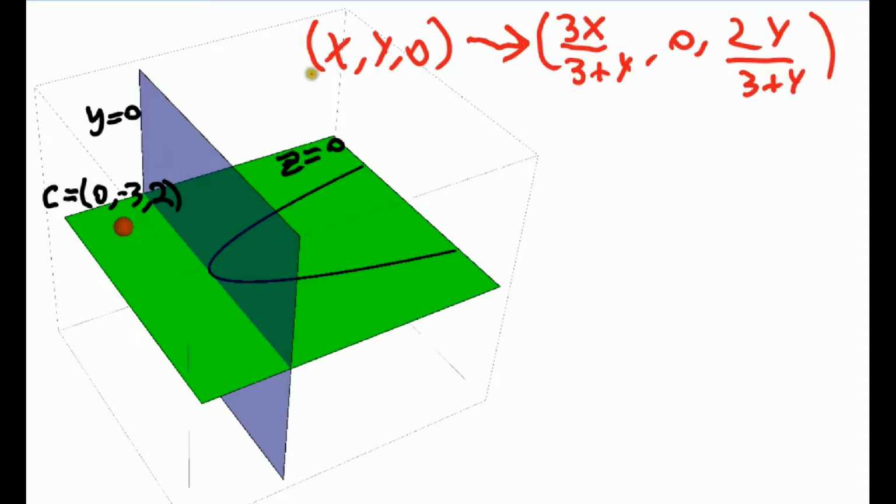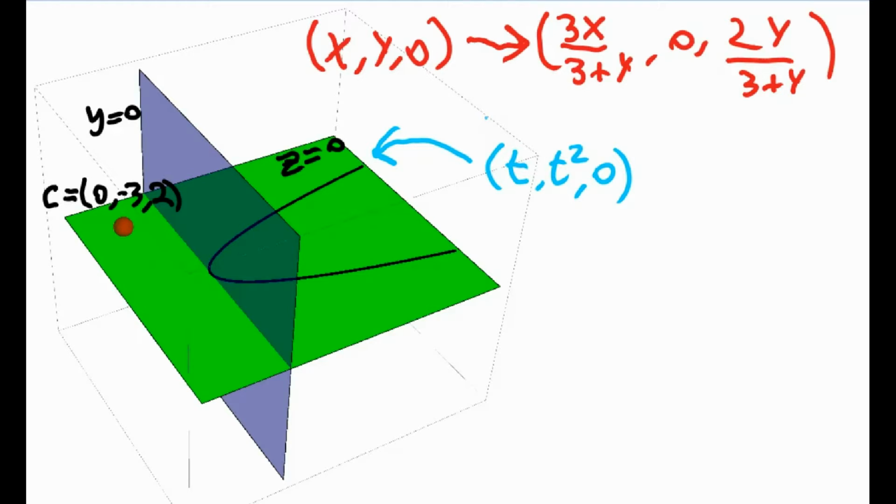Okay, so we'll describe this parabola parametrically. In particular, the parabola is the set of all points with coordinates of the form t, t squared, 0, where t can be any number, positive or negative.